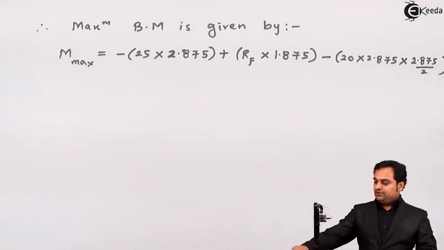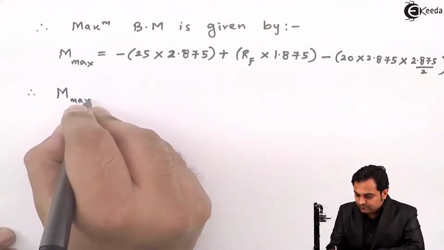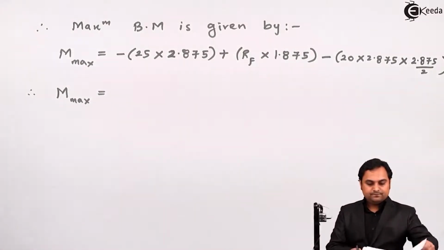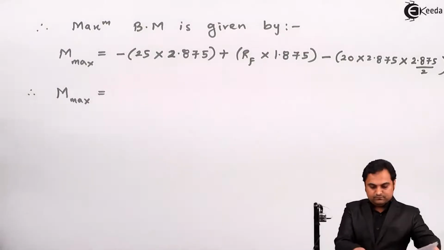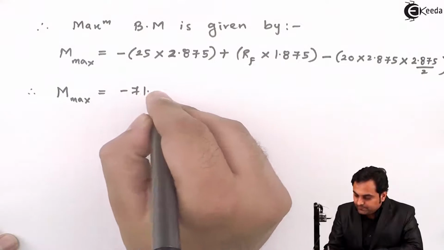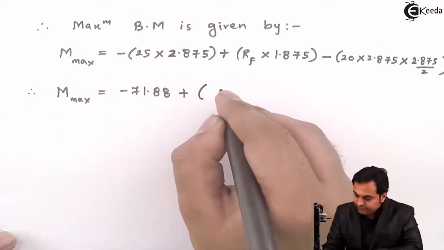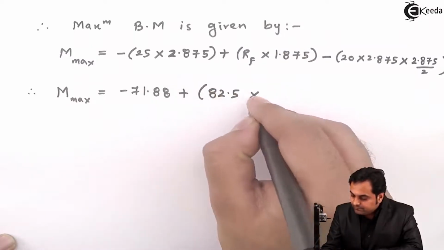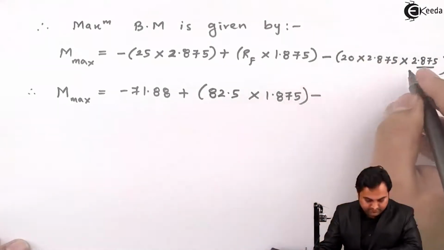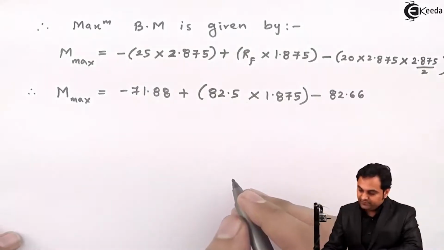Now I'll put the values here of RF. This will be minus 71.88 plus RF value 82.5, and this entire term, when I calculate, it will be 82.66.